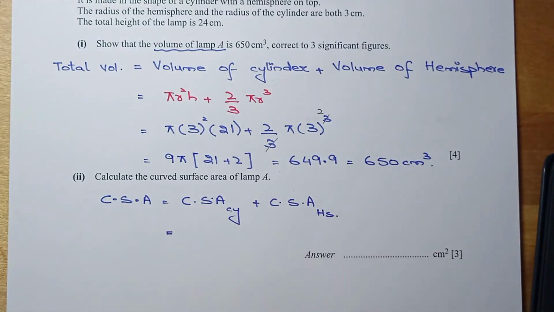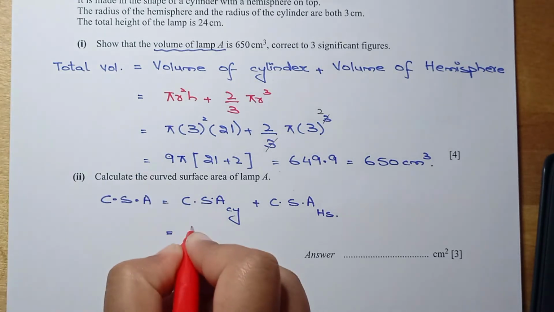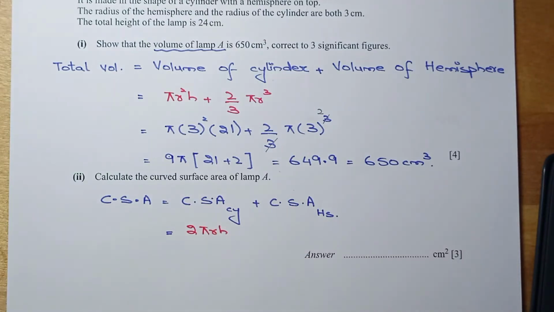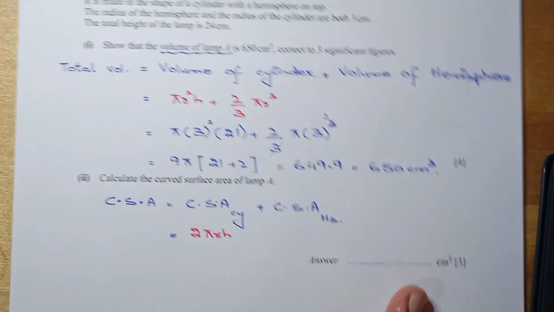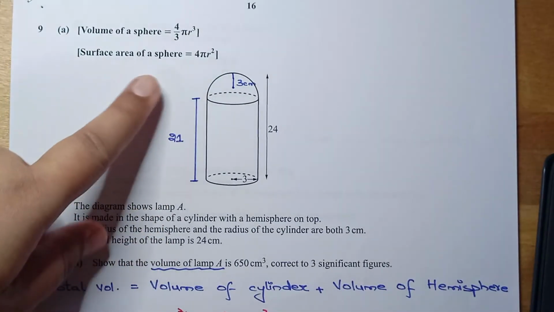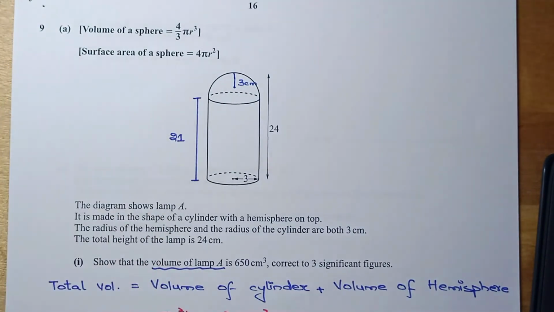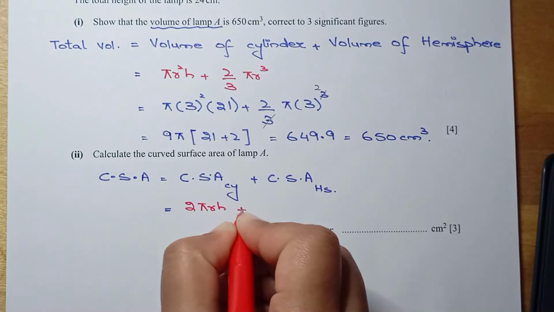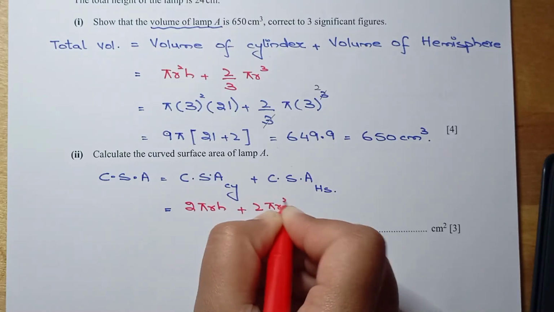The curved surface area of a cylinder, its formula is 2 pi r h. And the surface area of a hemisphere, as we have been given, is 4 pi r square, and for a hemisphere it is divided by 2, so 2 pi r square.